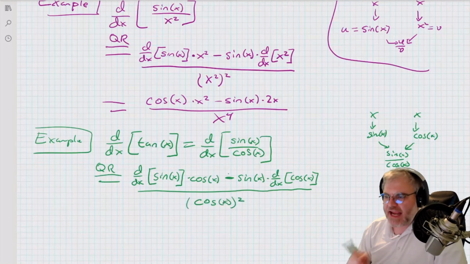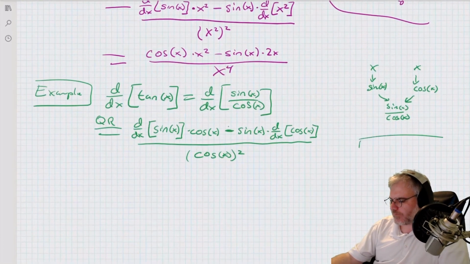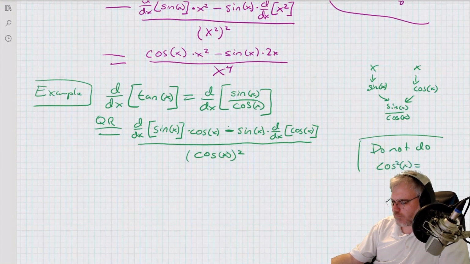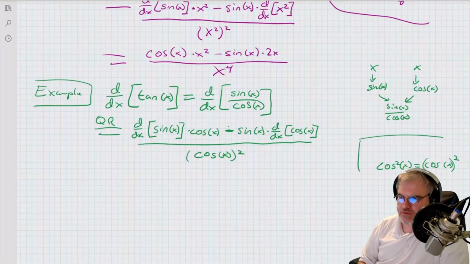By the way, I hate that square notation. Don't do this. Don't do that cosine squared notation. Do that instead. That will help you. That will save you so much grief in the third module of this class.